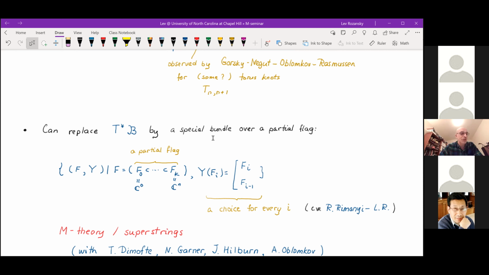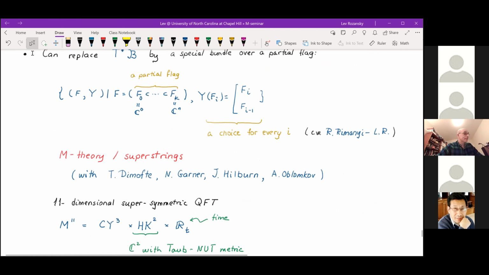And even in the choice between Borel and nilpotent means, well, let me explain here what it means.